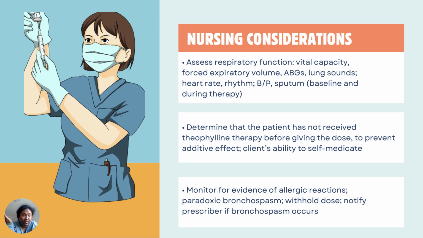So it's a side effect of the bronchodilators and it's a life-threatening complication. Please educate the patients to look out for this phenomenon, and also escalate to your healthcare provider if this is happening while they are hospitalized at your unit. All right.